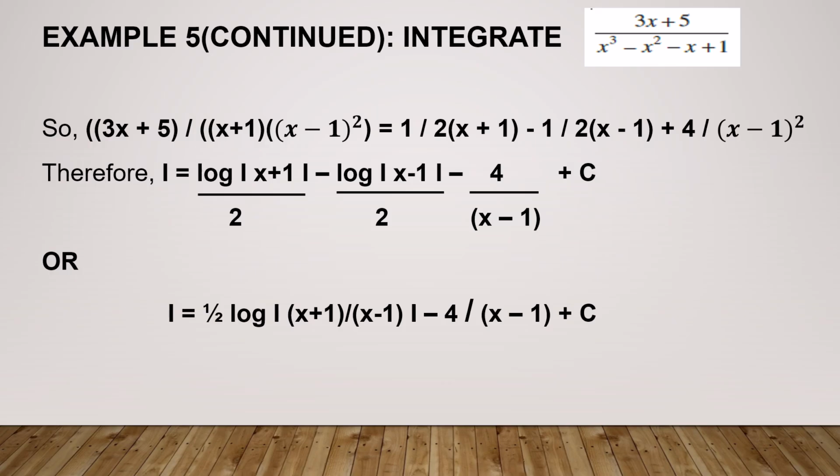So x minus 1 raised to minus 2 means integral is x minus 1 raised to minus 1 upon minus 1. So now what will be the answer? I is equal to half log of, now you know that log of a upon b is log a minus log b. So these first two terms you can simplify and write it as half taken outside, log of mod of x plus 1 upon x minus 1 minus 4 upon x minus 1 plus c.